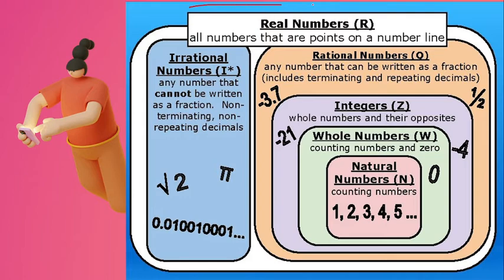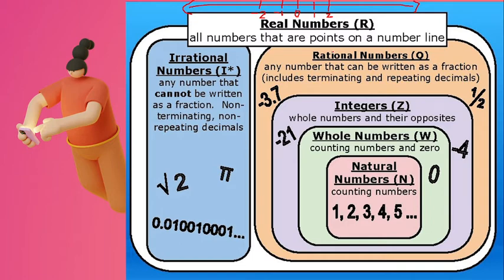In the middle, we have 0, negative 1, 1, 2, negative 2. So this is the number line. All the numbers that are points on a number line are real numbers.